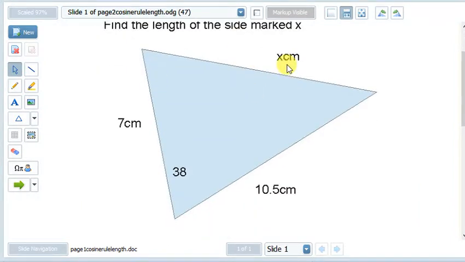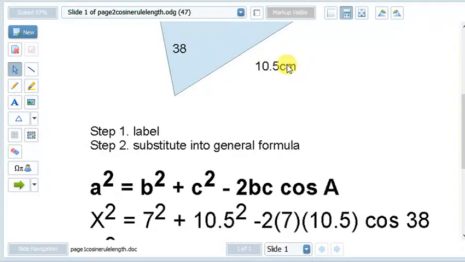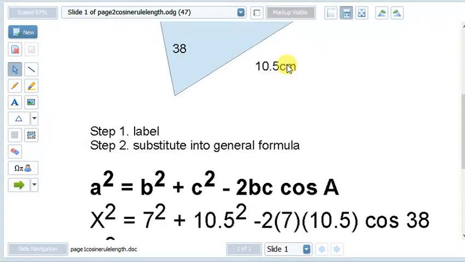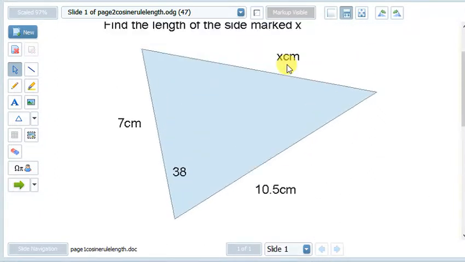So first of all, what we've got to do here is label our triangle. The way that I have done it is I have said that this side here is B, just trying to keep it consistent with my working out.